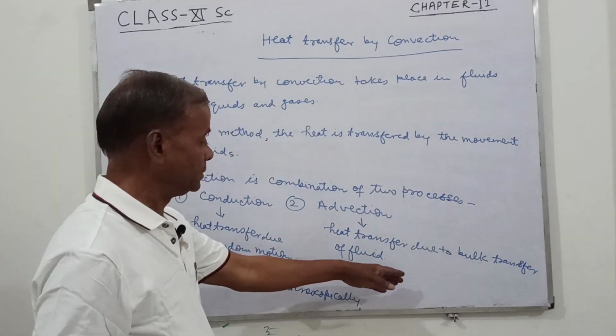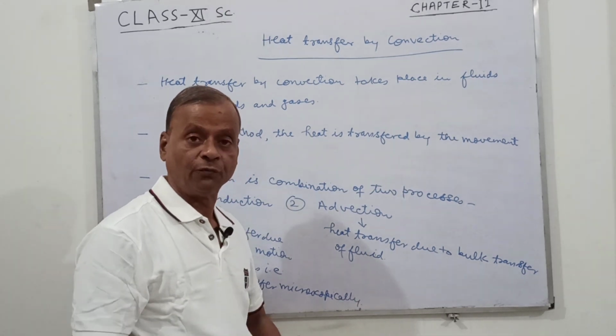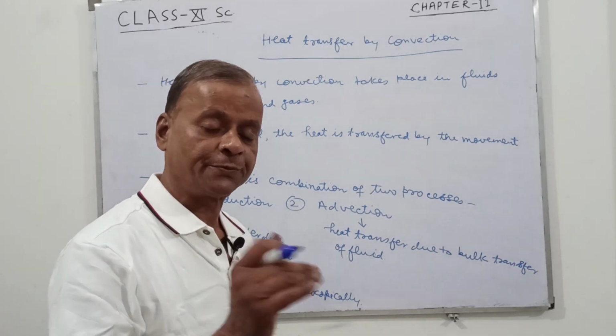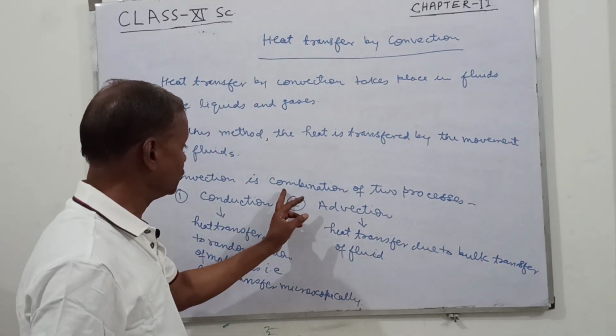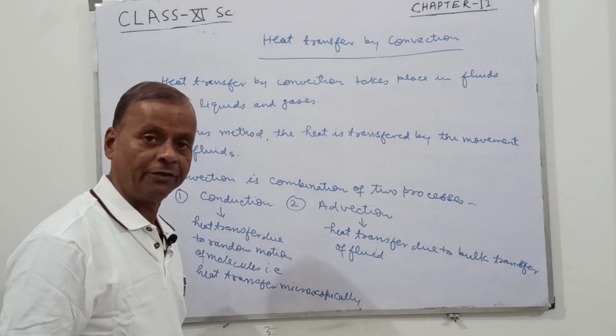So what happens is that in this process the fluid moves from one part to another part, and as a result there is transfer of the heat. So this convection is the combination of two processes, one the conduction and second the advection.